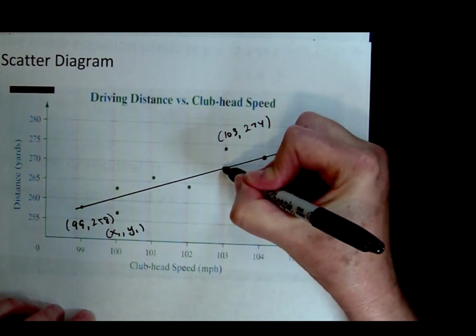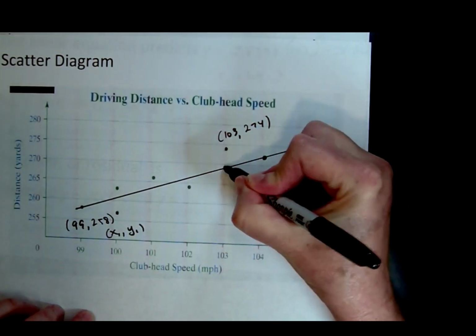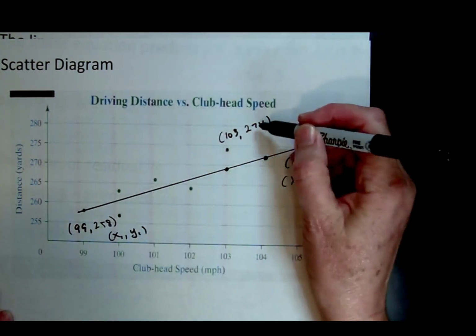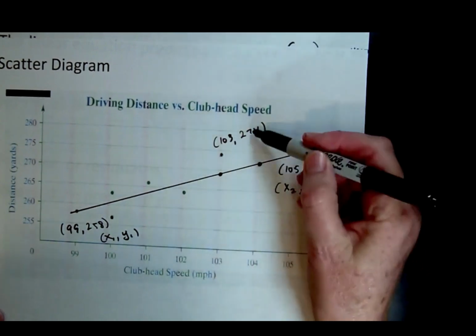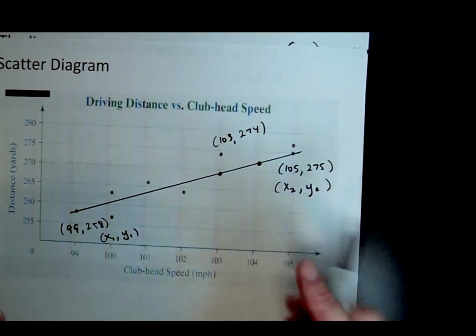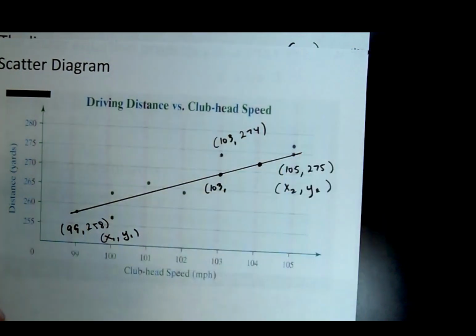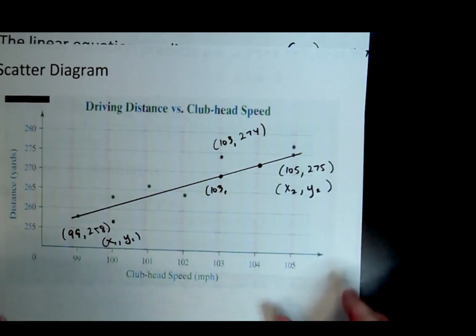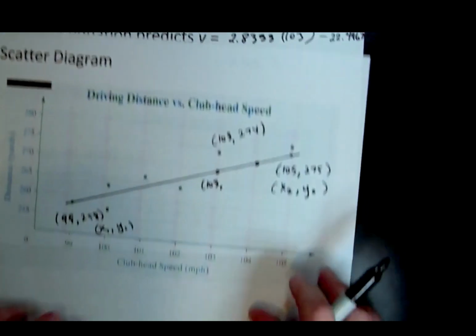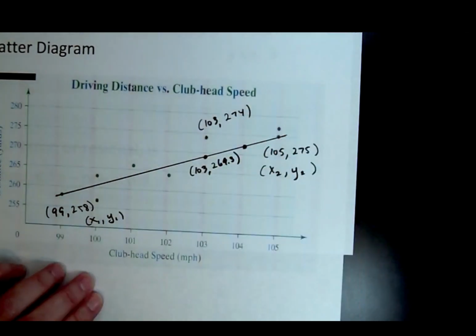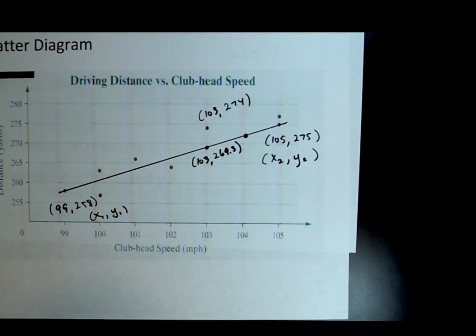The number we're getting is the y value on that line, which we're using as an approximation, or a prediction, of what you would observe for a y value there. So on the line, the y value that goes along with 103 is 269.3, which is off from the actual observed value.